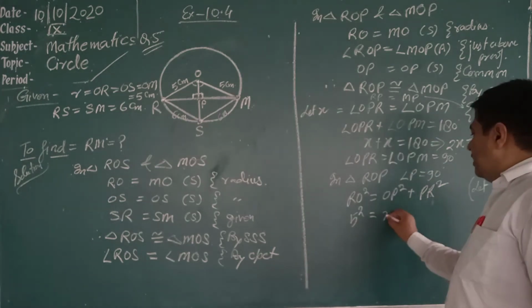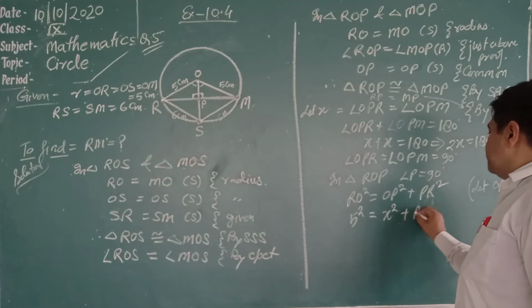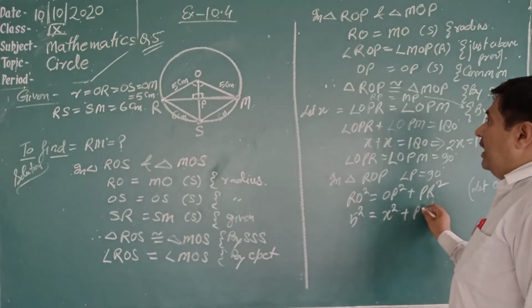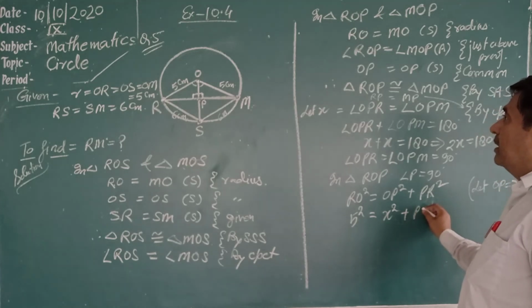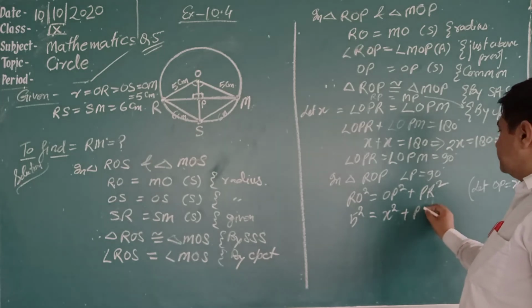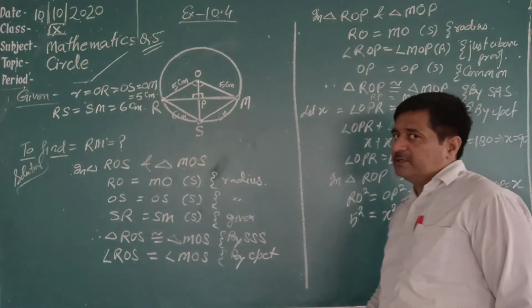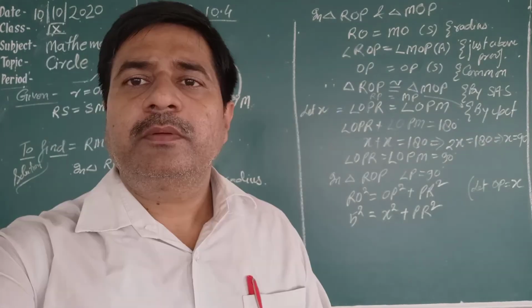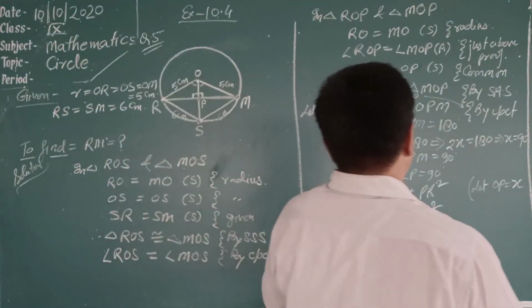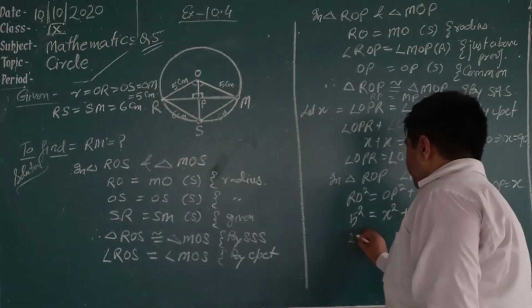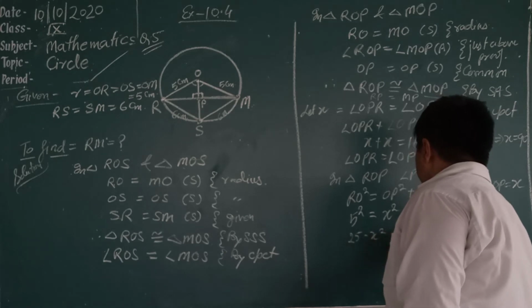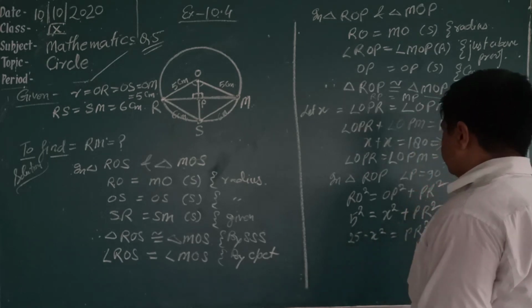Okay, so now x square plus PR square, so PR square equals 25 minus x square.